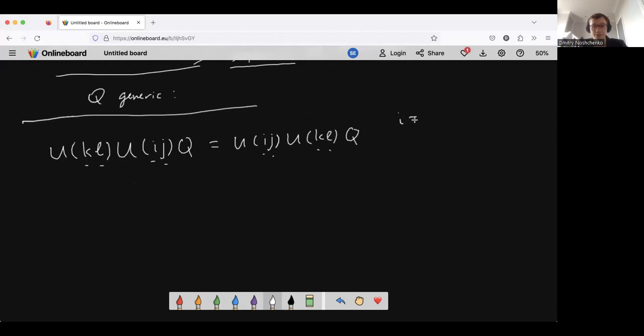So I is not equal to J and K is not equal to L. But in order for this to hold, we must also impose that I is not equal to K and J is not equal to L.